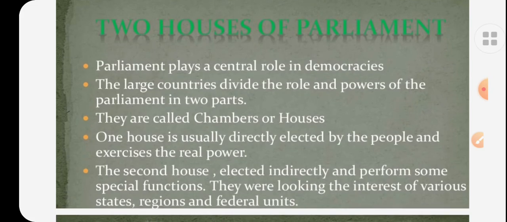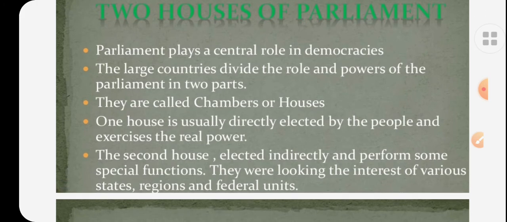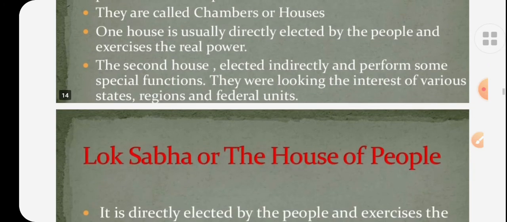Large countries divide the role and the power of the parliament into two parts. They are called chambers or the houses. One house is usually directly elected by the people and exercises the real power, and the second is elected indirectly and performs some special function. They look after the interest of various regions and the federal structure.